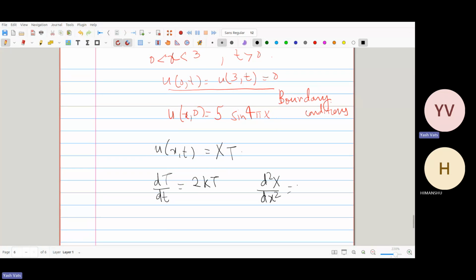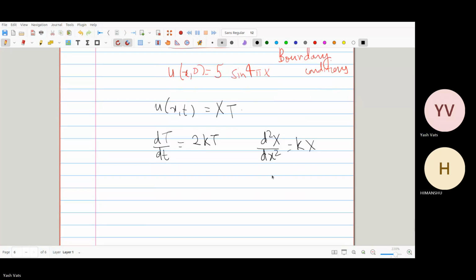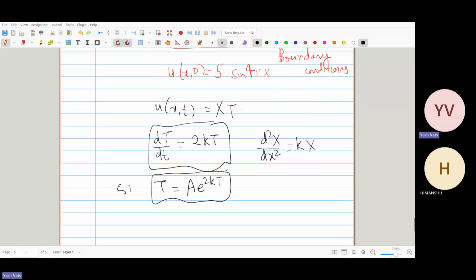One is first order, the other one is second order. So what is the solution of T? Here you just integrate it. It's a times e to the power 2kt.